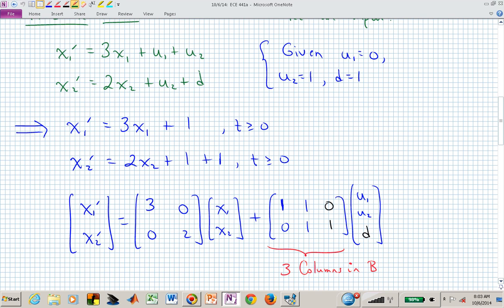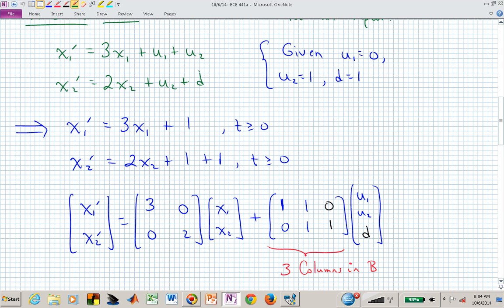You may be given the dynamics x1 prime and x2 prime, and you can see that x1 prime and x2 prime depend on input 1, input 2, and a disturbance D. But if you put on some filters on your glasses and say, let me just consider that D to be a u sub 3, it looks just like another input. And if you treat it that way, you could collect those into 3 columns, and now your input matrix is 2 tall and 3 wide. It's a 2 by 3 matrix.